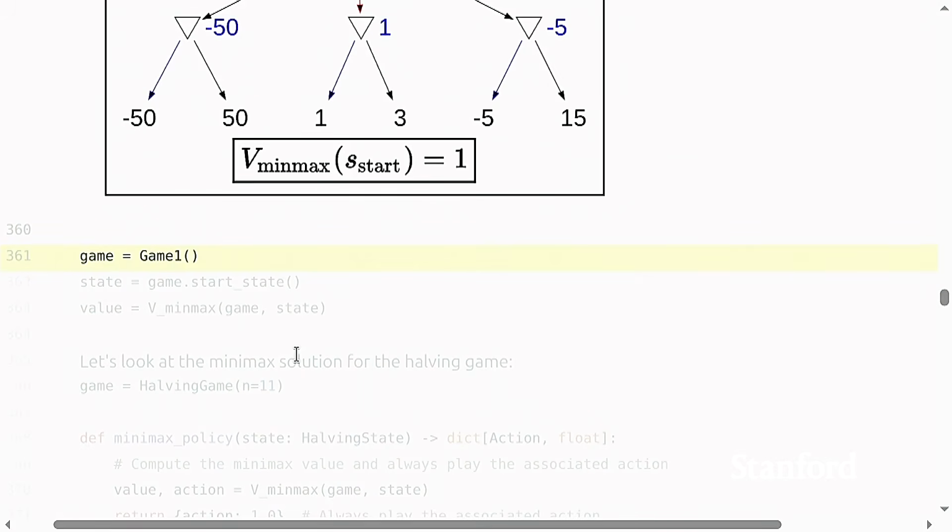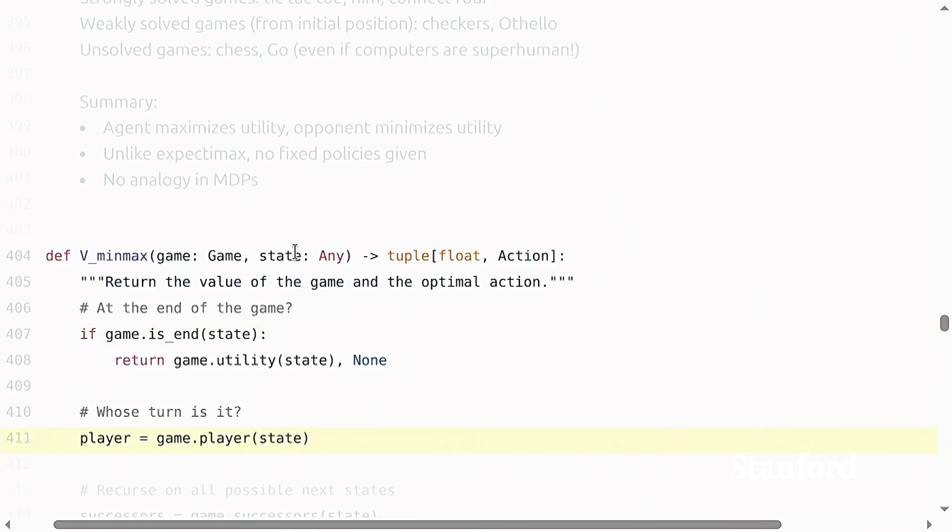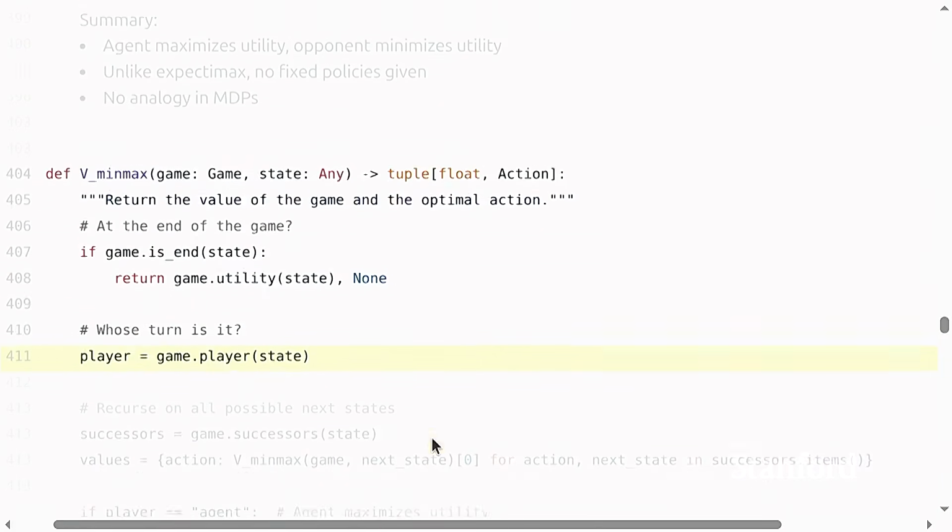All right, so this is what it looks like in code. Minimax computes the minimax value of a state. If I'm at the end, I return the utility. Here, I'm going to take a little bit of liberty, and also return the associated action, not just the value, because I'm going to want to actually know what to do. So whose turn is it? I'm getting the player.